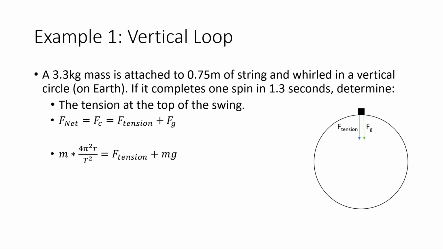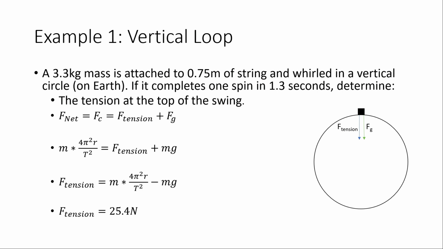And in this case, I know that there's mass times acceleration. The m part is easy. Centripetal acceleration is either v squared over r, but we don't actually have the v. So I'm going to use the 4 pi squared r over period squared format to solve for the acceleration. And that's equal to my tension plus gravity, which we'd find with m times g.